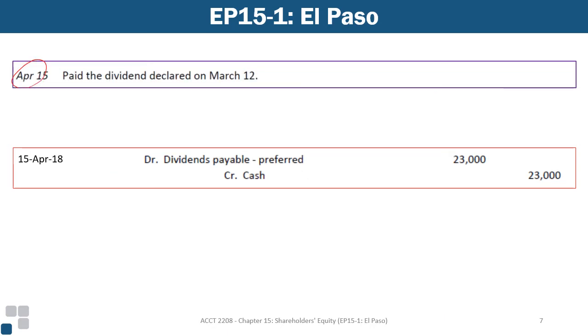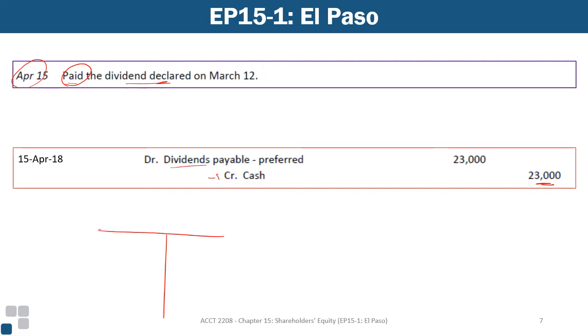Then on April 15th, we paid that dividend declared. Of course, if you look back, I forgot to mention that the journal entry for that was to debit a dividend declared account and credit a dividend payable account. And then at the end of the year, that dividend declared account would be closed out to retained earnings. So the journal entry to pay the dividend is, of course, to credit cash for $23,000 and remove that dividend payable.